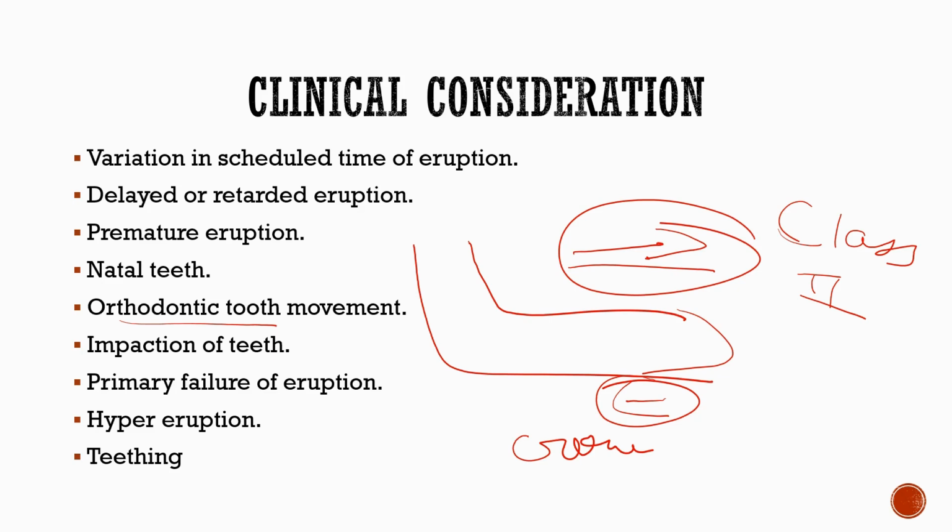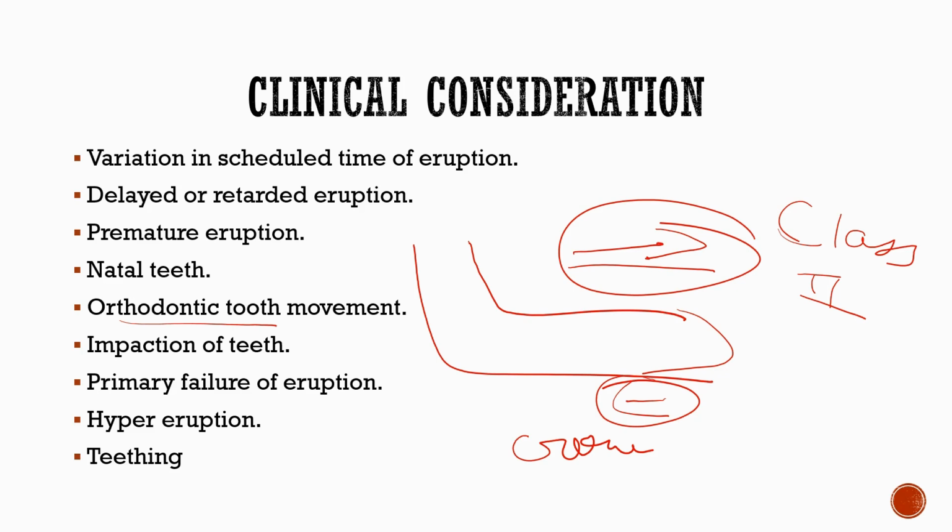The failure of eruption has no identifiable systemic or local causes and shows no difference in incidence between maxillary and mandibular teeth or between sexes. So there is no predilection about which age it occurs in, or which sex, male or female. It's just that primary failure of eruption can occur in any tooth and in any individual.